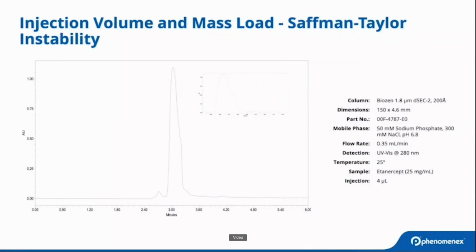In the previous chromatogram, we looked at two loadings, a lower level and the 100 micrograms, the slightly higher level, and we saw very similar results. But when you load extremely concentrated samples onto a column, you can begin to lose peak shape.